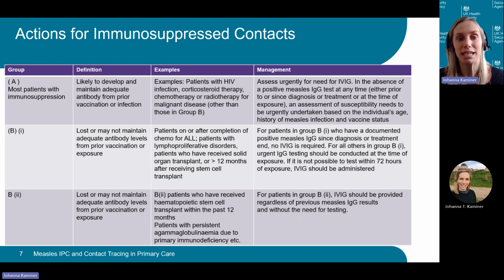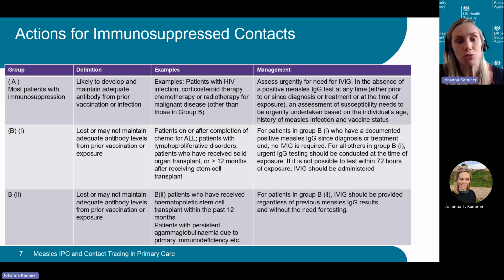Therefore, we're dividing immunosuppressed contacts into two groups, Group A and Group B. Group A are basically most patients with immunosuppression, and those are the ones who are likely to develop and maintain adequate antibody levels from prior vaccination or infection. Examples include those with HIV infection, those on oral corticosteroid therapy, or those receiving chemotherapy or radiotherapy for malignant disease.